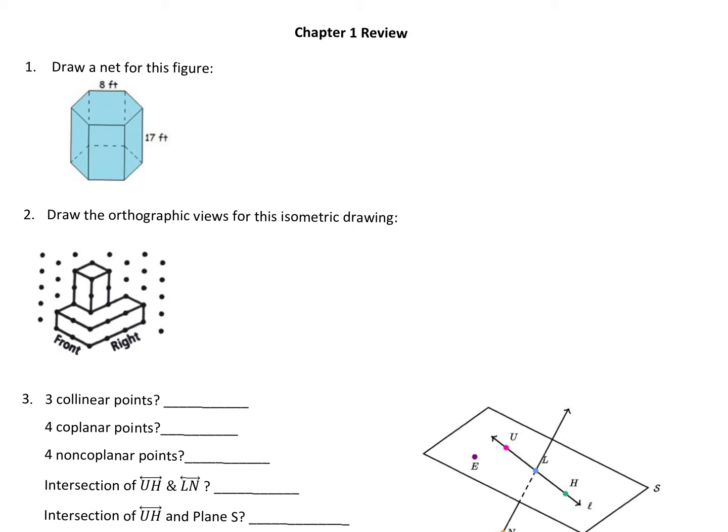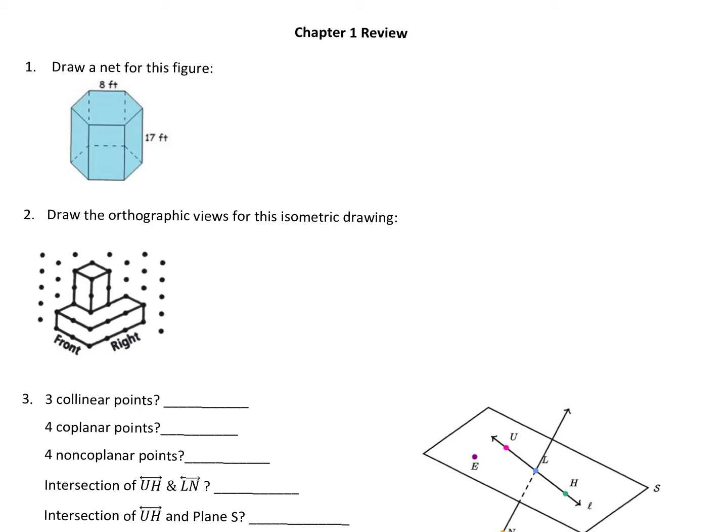Okay, first thing, draw a net for that figure. That is a hexagonal prism. How many shapes should you be drawing? 2 different shapes. How many total shapes? 8, right? You have 6 rectangles that wrap around, and then a hexagon on top and a hexagon on bottom.